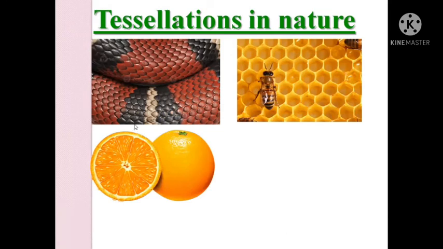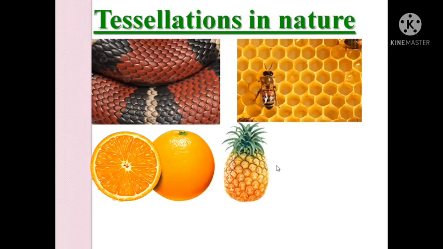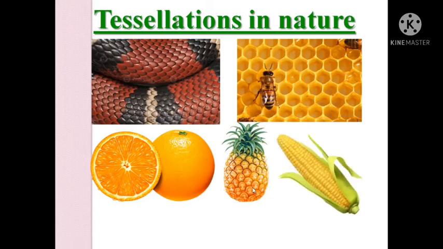An orange. Could you see the tessellation in the orange? Each and everything is arranged very beautifully without any gap or overlappings. See, could you see the tessellation in the pineapple? Yes. Beautifully arranged corn. You could see the tessellation in sweet corn also.